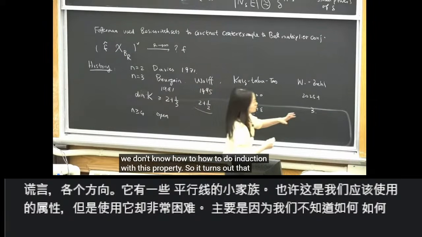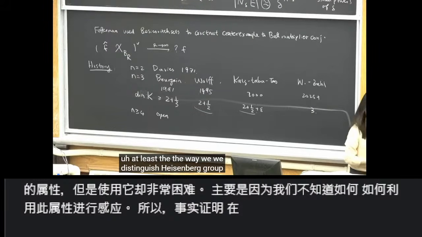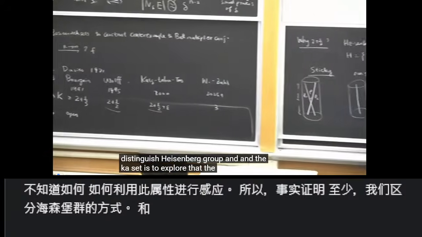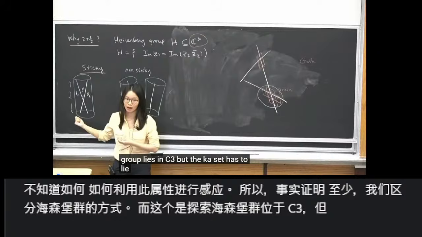So it turns out that the way we distinguish the Heisenberg group and the Kakeya set is to exploit that the Heisenberg group lies in C3, but the Kakeya set has to lie in Rn.